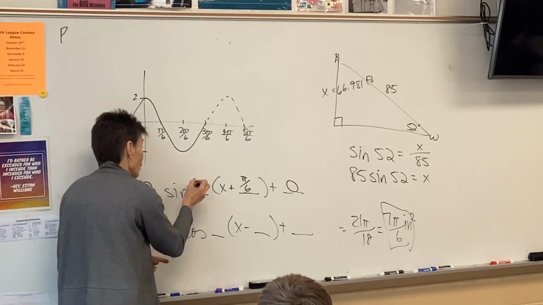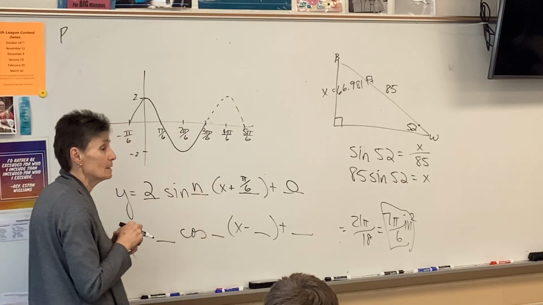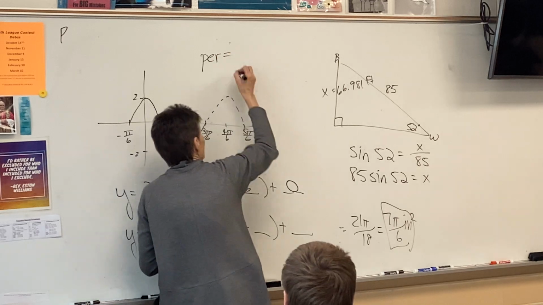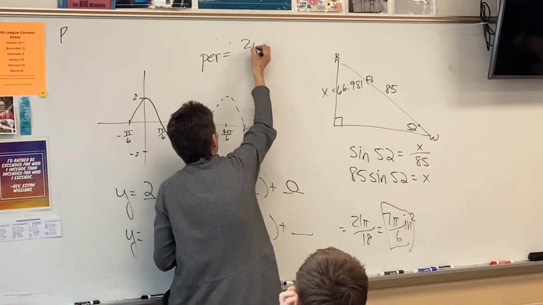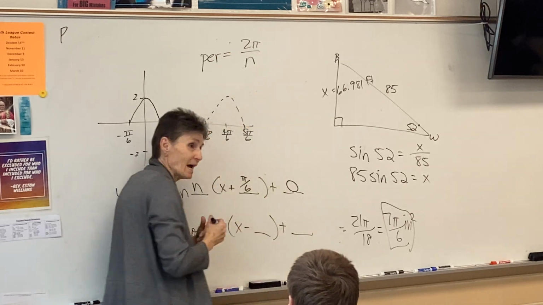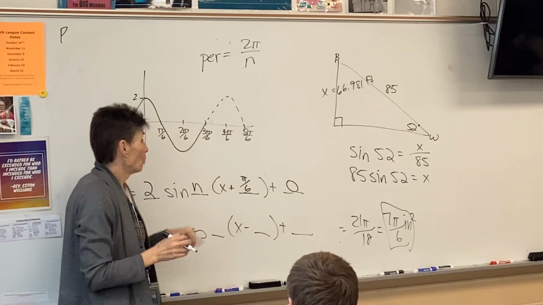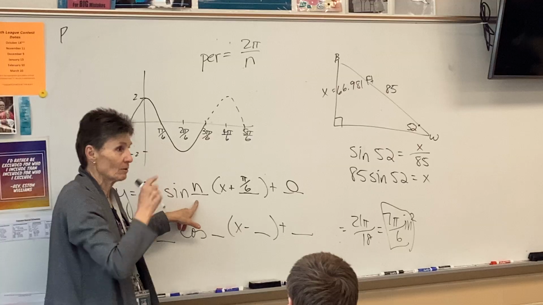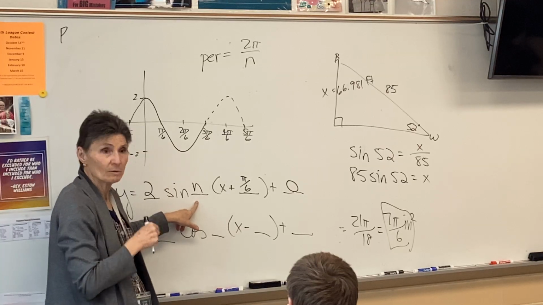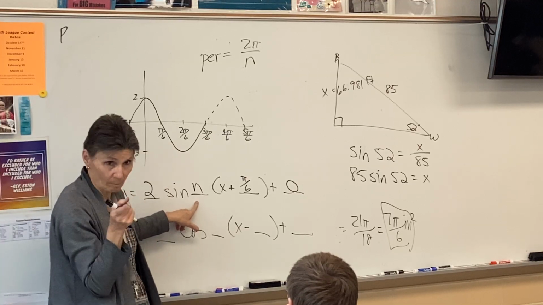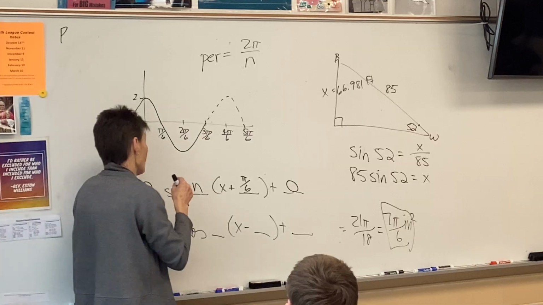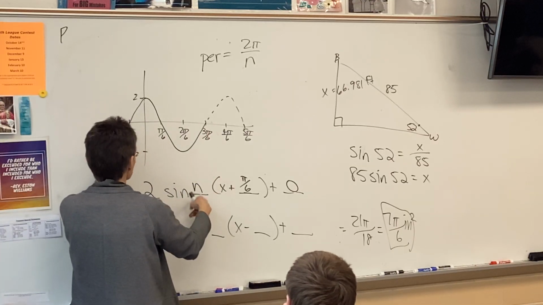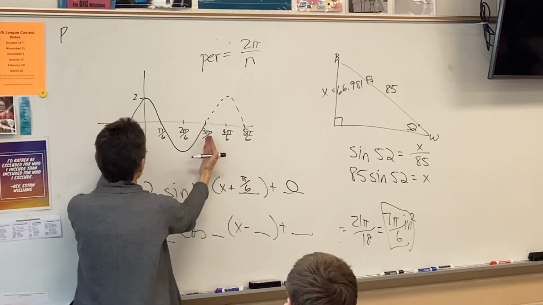I'm going to call it N for a moment. And I know that the period of a sine curve is 2 pi divided by that number. Whatever number is in this spot divides the period. The period is 2 pi, normally. So I don't know what N is, but I know my period is what?